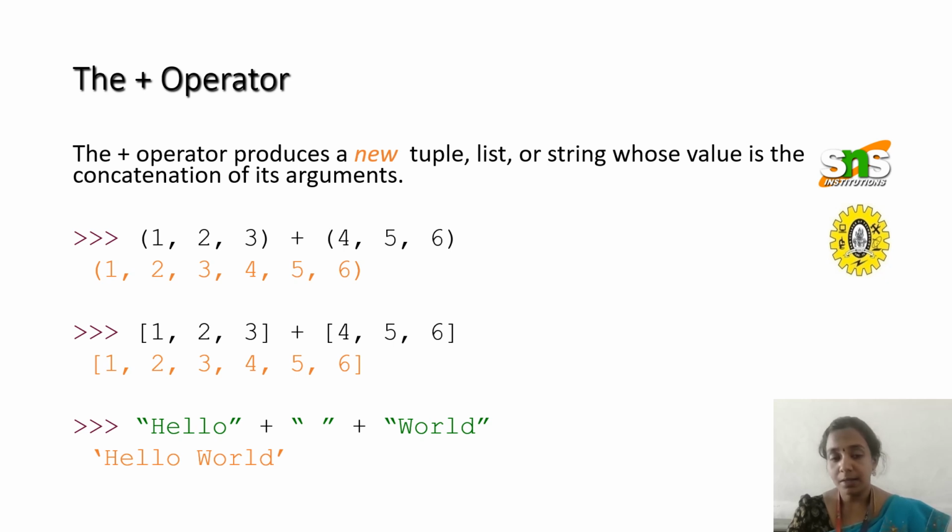The third case is where I have two strings. Hello is one string, given with double quotes. Along with that, I have been given a space. Space is also considered a string. Plus, I'm given another string called world. So the output will be hello world.